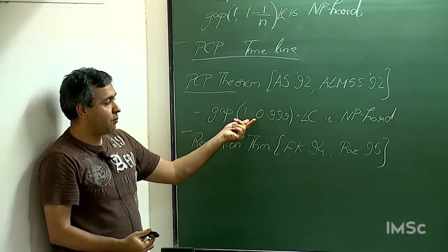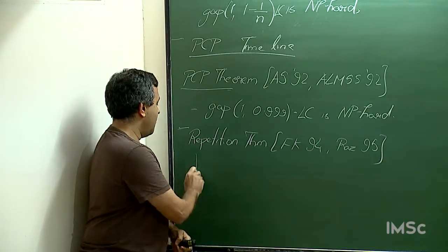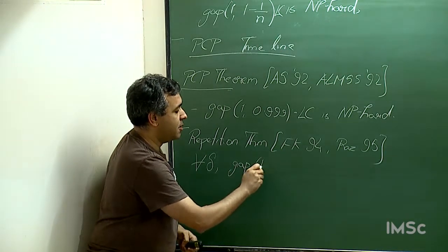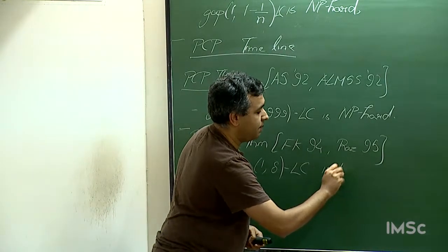Right now it's just a small constant gap. You can make it as close to 1 as possible. In other words, for all delta, gap 1 delta label cover is NP-hard.